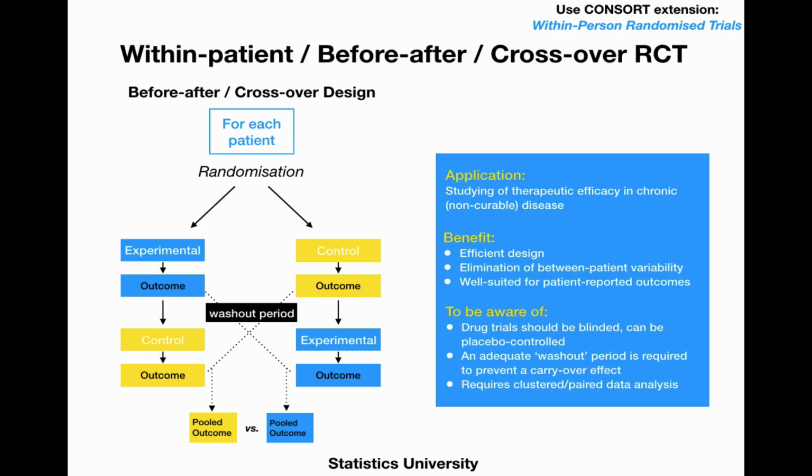But be aware that drug trials should be blinded, and they can be performed placebo-controlled, and you need an adequate washout period to prevent any carryover effects. And also here, it requires clustered paired data analysis.